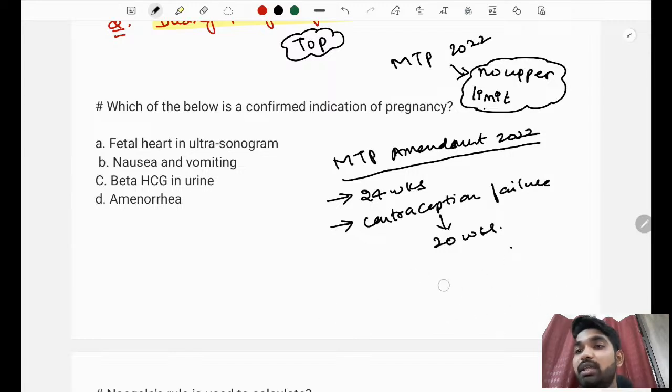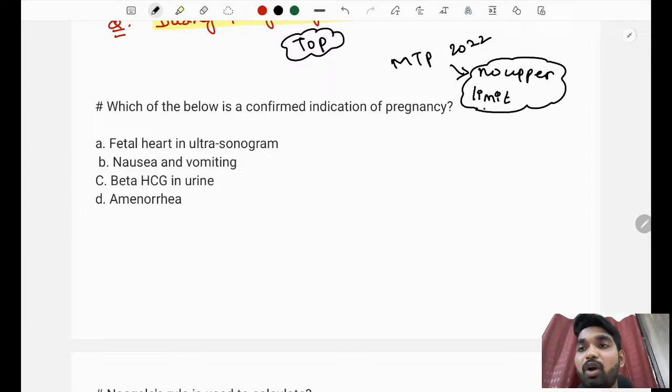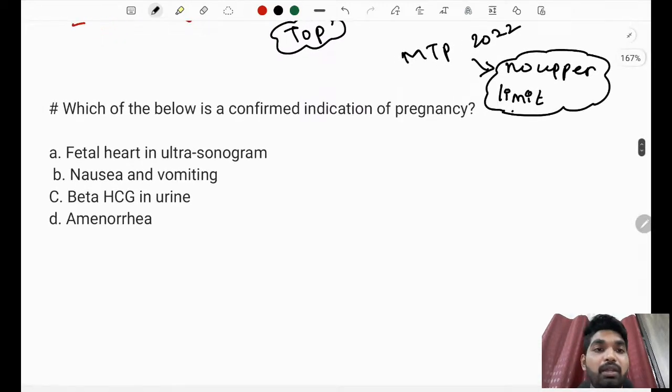So these are the things that you need to remember. Let me erase it. I think you have copied this. Now Vinita has started answering this question. Which of the below is a confirmed indication of pregnancy?